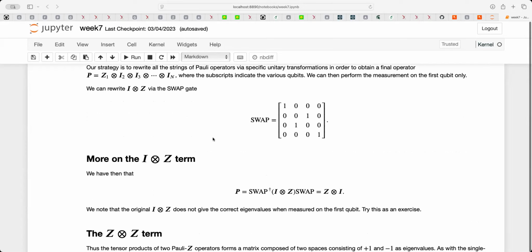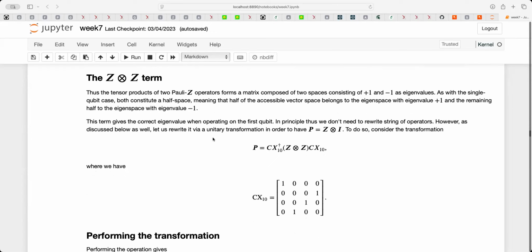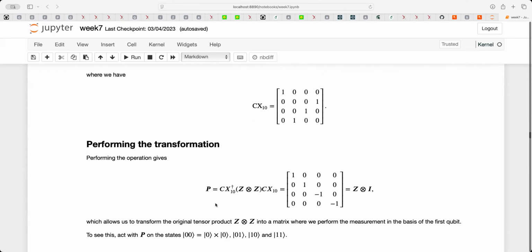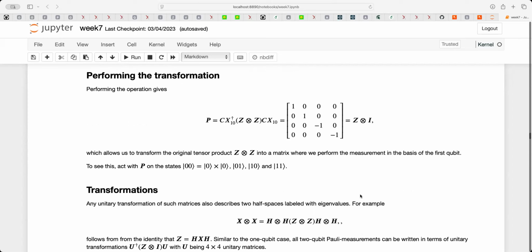So you can try, and I normally recommend people to try it out and set up these matrices and see that these transformations actually give you what you expect. And basically all these terms are discussed here in the Jupyter Notebook. You can perform the transformations, and you can easily see that this ZZ matrix gives you, when you perform these multiplications, actually this matrix which you want to have.